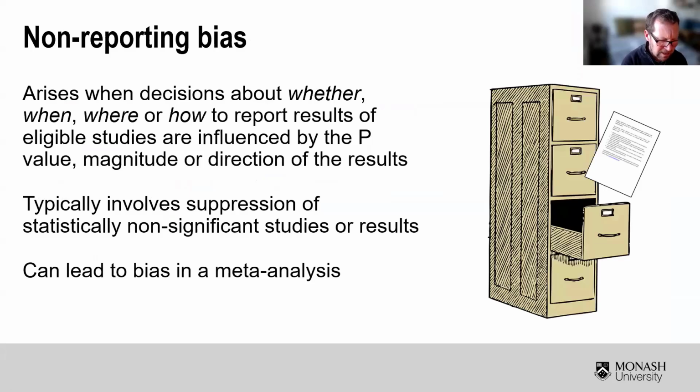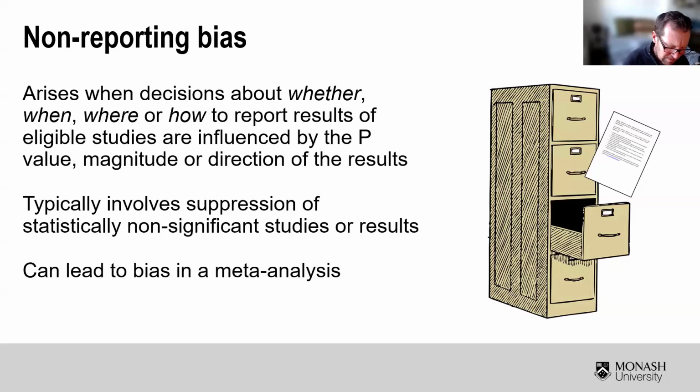So the idea that the results of research syntheses and meta-analyses might be biased because of failure to report all the research that's been done is a pretty old one in the discipline, going all the way back to a book on the science of summing up by Light and Pilmer.